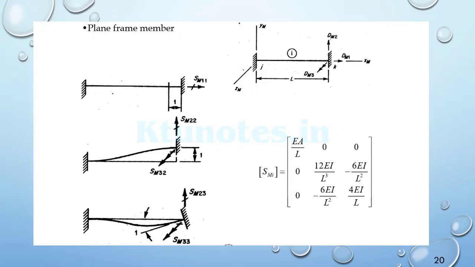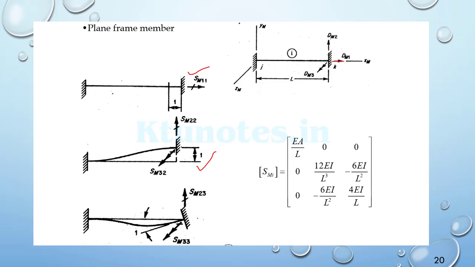Similarly, for the plane frame member, which has axial deformation, vertical deformation as well as moment, like rotation within the plane, you are supposed to give the rotations and displacements unit values. Case 1 is the linear displacement. Case 2 is the vertical deflection equal to 1.